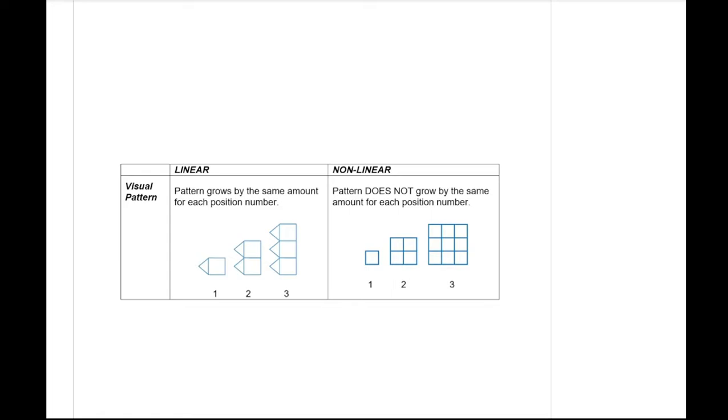You may have trouble getting it to a rule, but if you can get it to a table or to a graph, hopefully that will help you determine if it's linear or nonlinear. But if you're just given a pattern and you're not allowed to do anything else, remember, a linear pattern grows by the same amount for each position number, and a nonlinear pattern does not grow by the same amount for each position number.